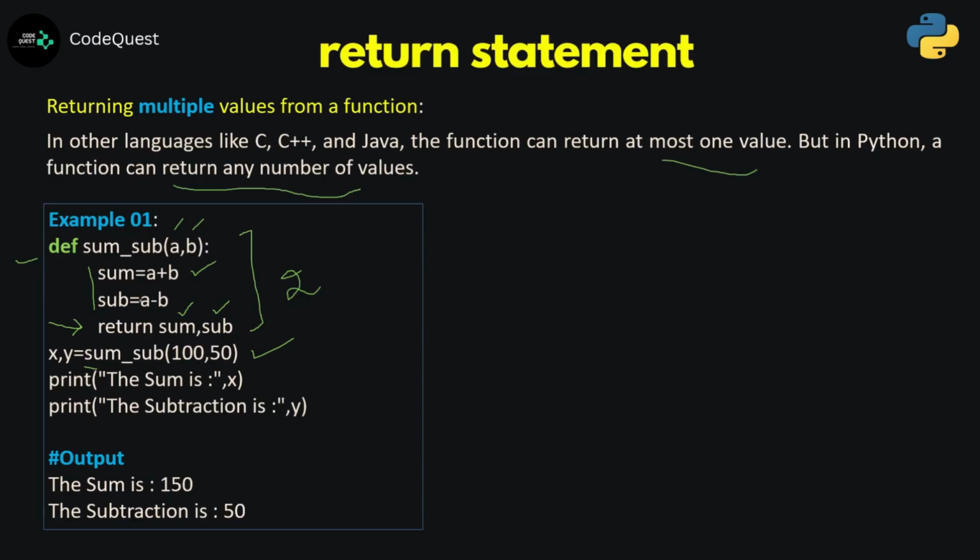Because this function is returning two values, I have to take two variables to carry them. The first return value is sum, so sum will be stored inside the variable x, whereas the second return value, sub, will be stored inside the variable y. As a result, when I print the value of x, we get 150. Similarly, when I print the y value, I get 50.